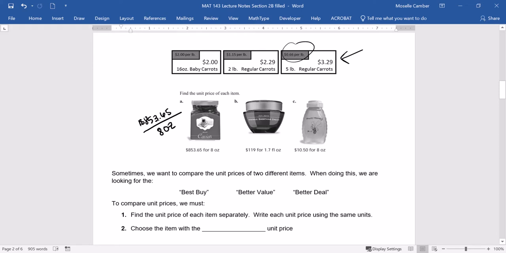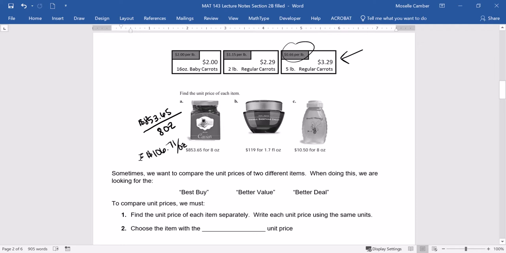So I do $853.65 divided by 8, and I get $106.71 per 1 ounce. So each ounce of this caviar is going to cost me $106.71.